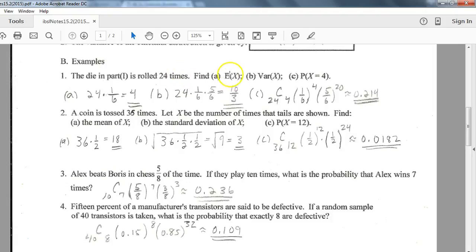And so for the first part, if we just talked about the expected value or the mean value, so if we were to roll a die 24 times and we were to look at the probability of any single number, so if I just said the mean or expected value of getting a 3, then we would say, well, there's a 1 out of 6 chance of getting a 3.